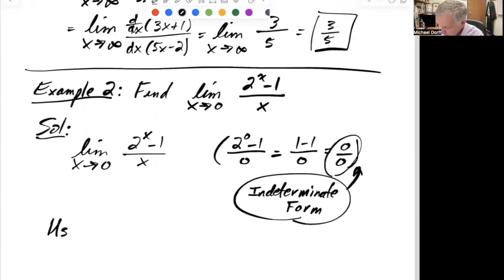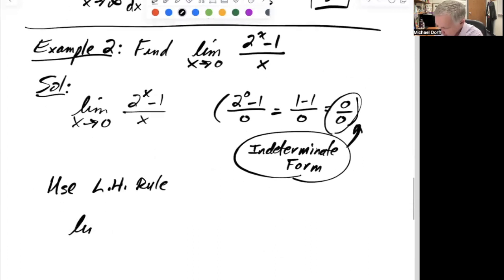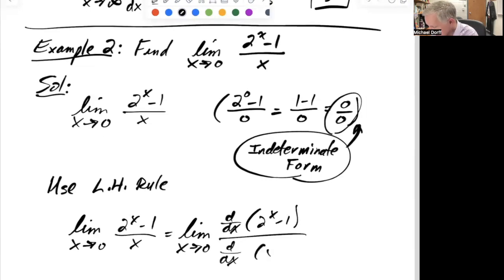So we use L'Hopital's rule, which I'm going to abbreviate as LH. The limit as x goes to 0 of (2^x - 1) over x is the same thing as the limit as x goes to 0 of the derivative of the top over the derivative of the bottom.